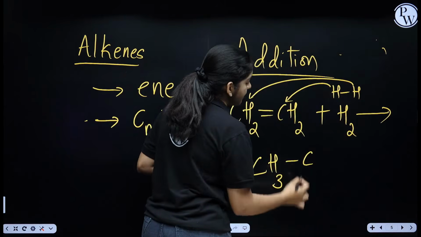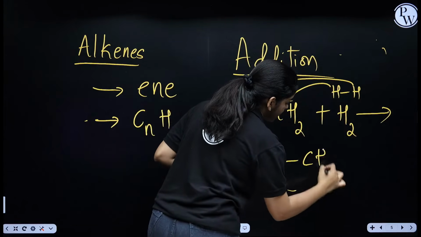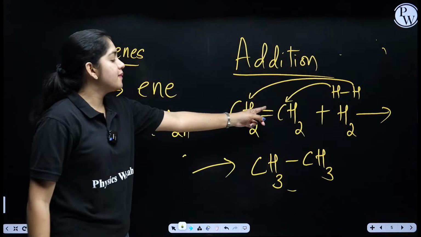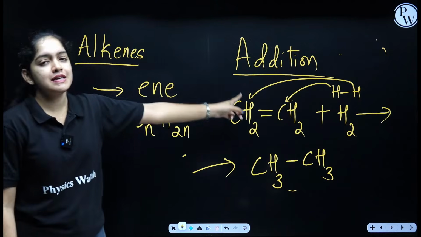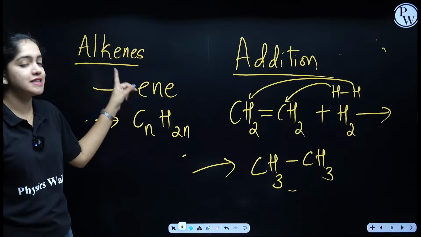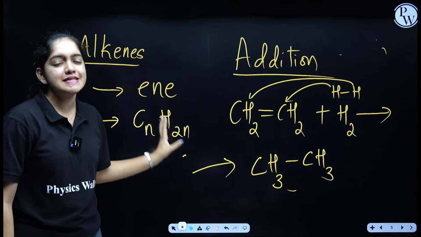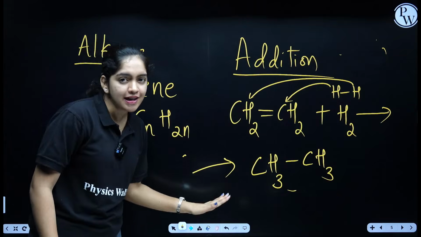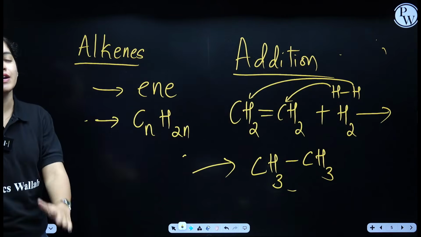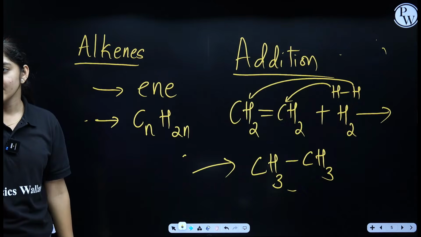The other carbon, two hydrogens, one more hydrogen, it will become CH3. Now look, the double bond is changed into single. So alkene will undergo addition reaction and the name ends with ENE. The general formula will be CnH2n, double the number of carbon atoms. Is that clear?